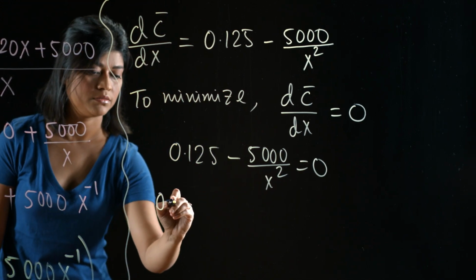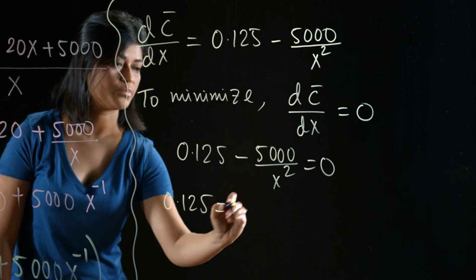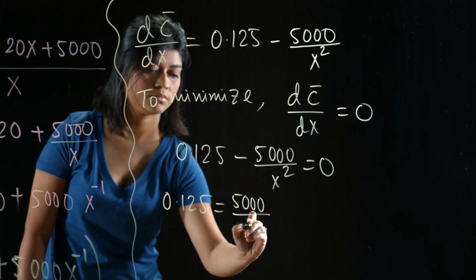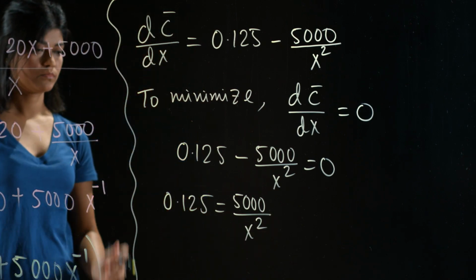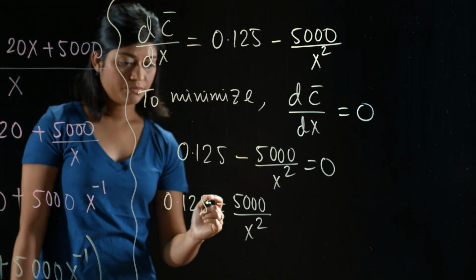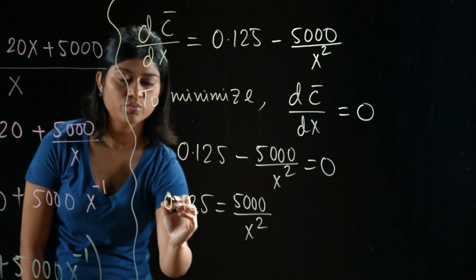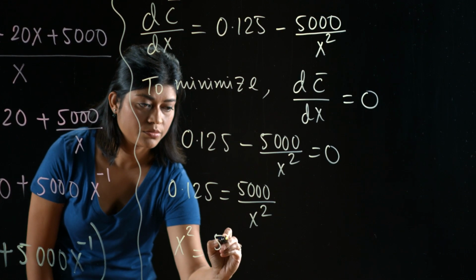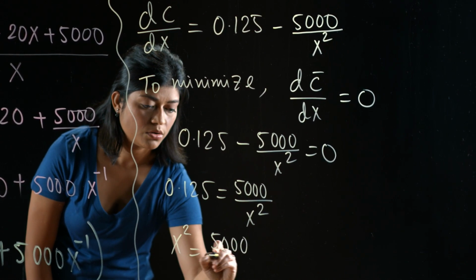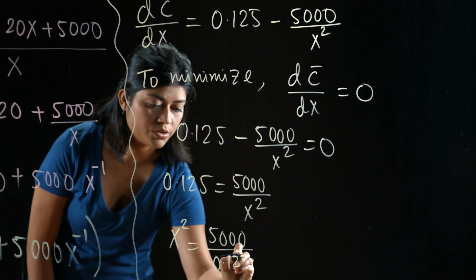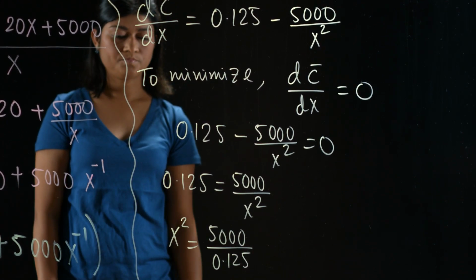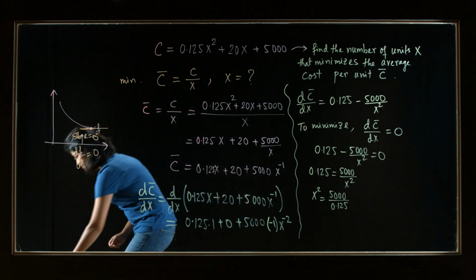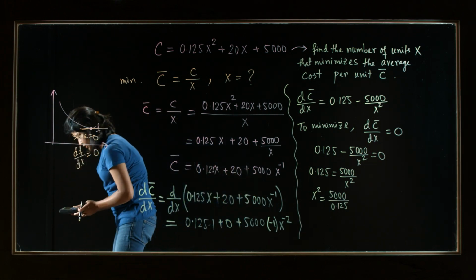And then you have to solve for x. So bring the second term to the right hand side, and then bring the x squared to the left. So we have x squared equal to 5,000 over 0.125. Okay, so let's calculate that using our calculator.